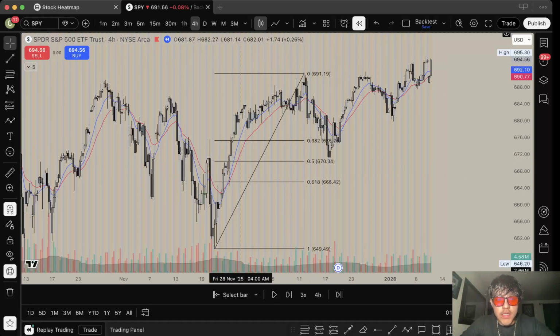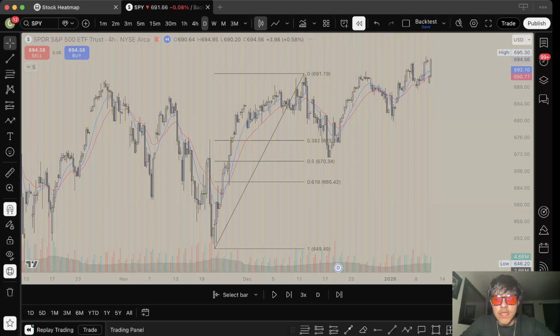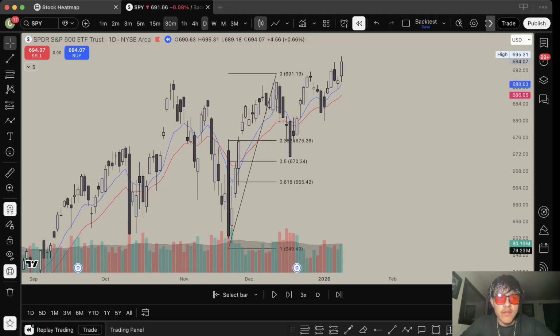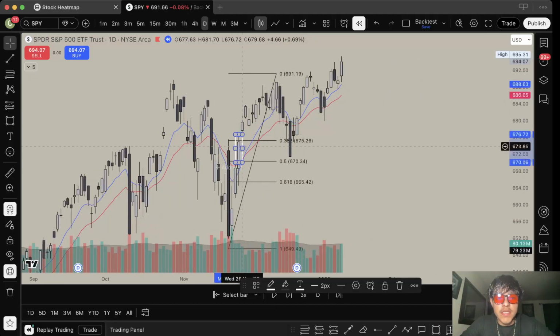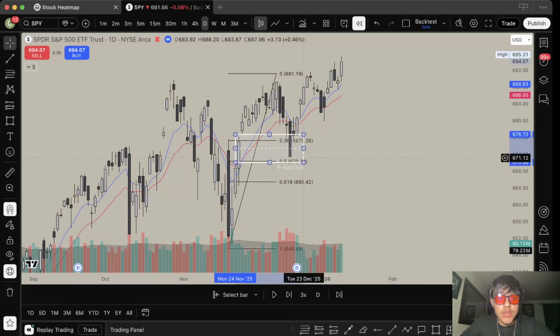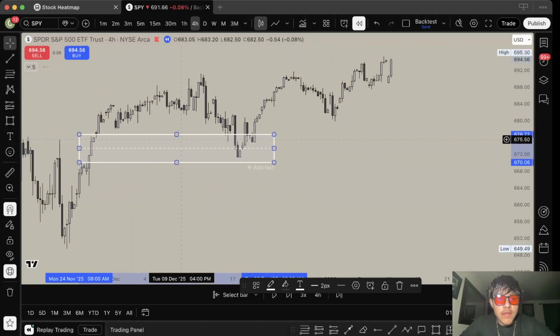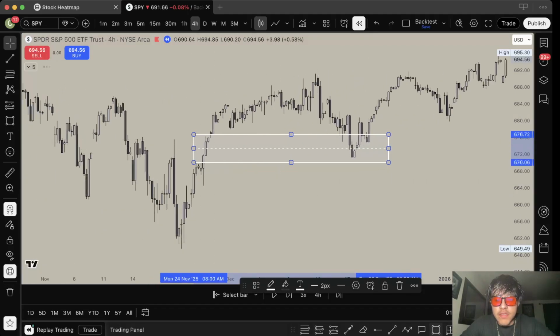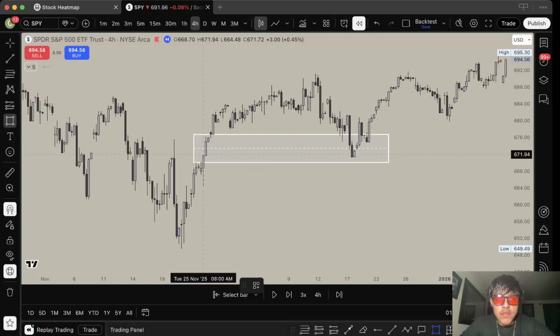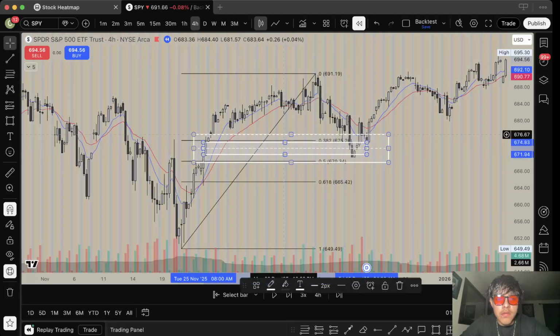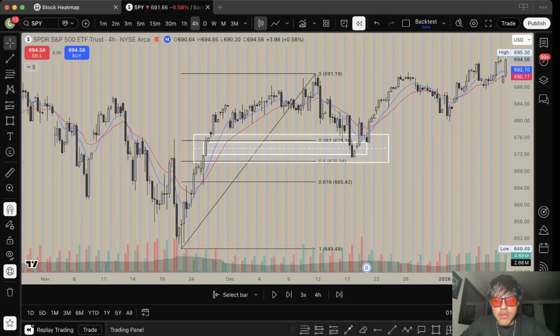So you look at that, and then you can also see on the daily or the 4 hour time frames if we have a fair value gap that falls in line with those levels. In this case, we have this one right here, and that's the daily. If we look at the 4 hour, we have this one, that one, and this one right here.